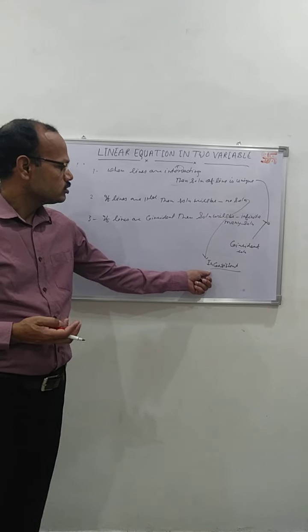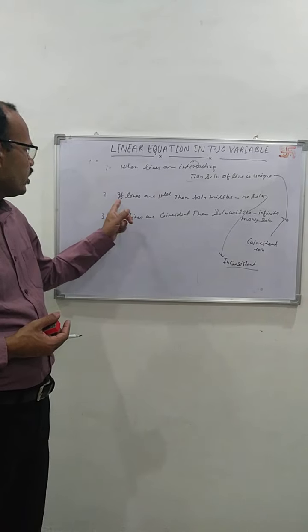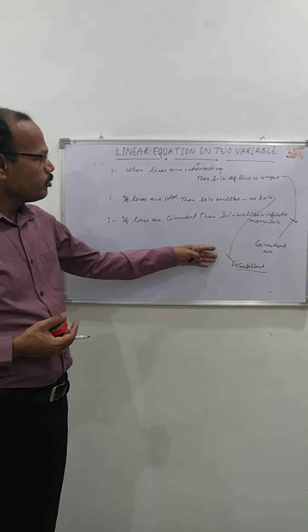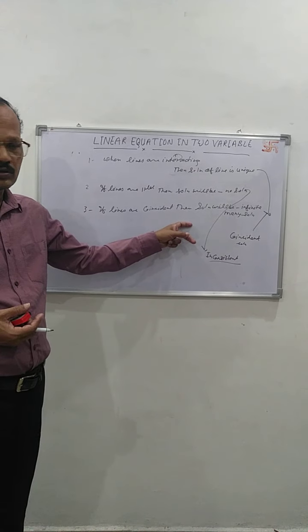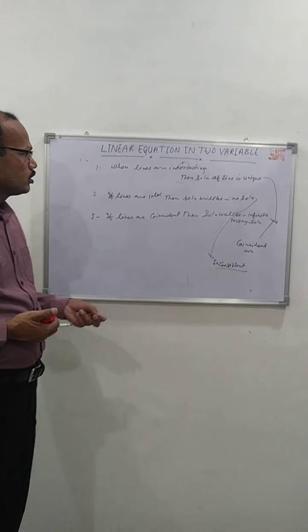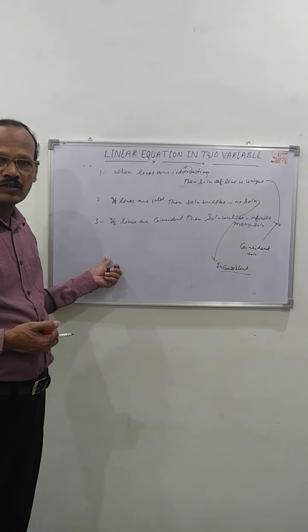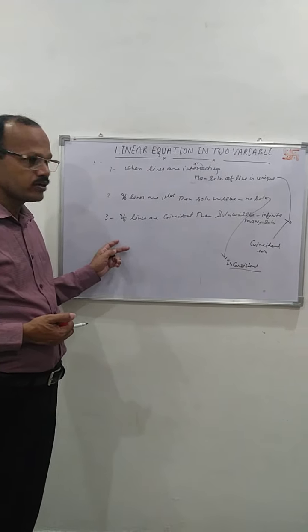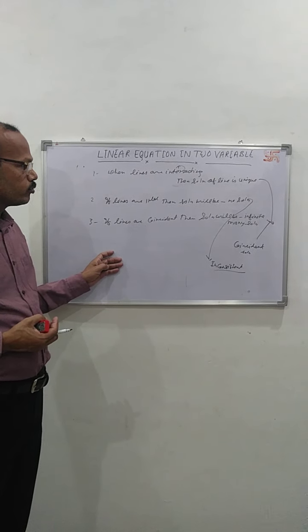An inconsistent solution is obtained only in the case when lines are parallel. Except this, in both cases the solution will be consistent. So this is sufficient for you. On the basis of the graphical method, we have explained how we can find the value of x and y in linear equations. Use it and solve more and more questions at home.